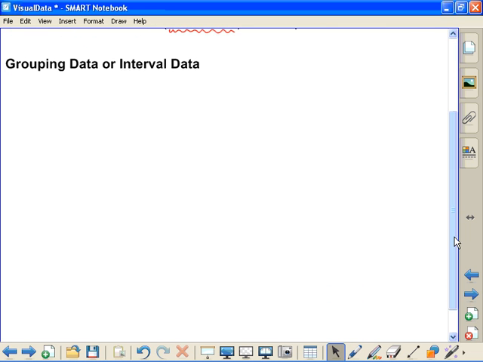Okay, so grouping data. What happens if our data has too many different entries?